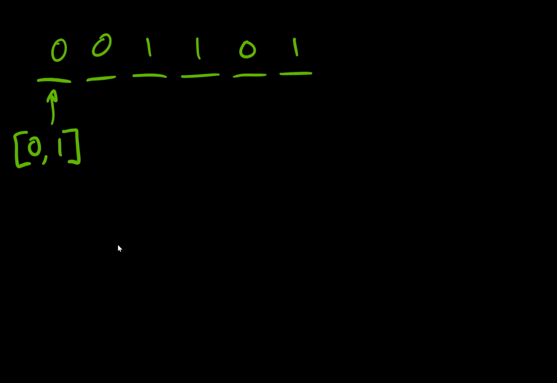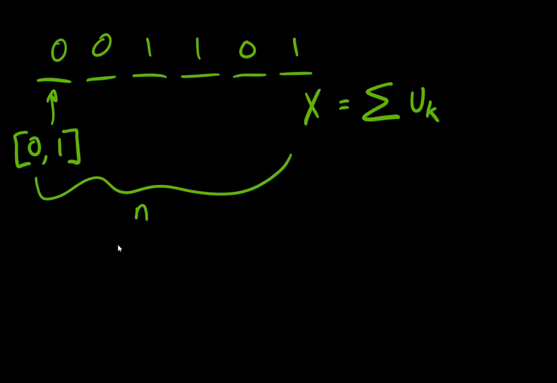Remember expectation is linear, so each is a unit distribution that's completely uniform between 1 and 0, and when we sum them we end up getting a random variable. What's very interesting is that as you increase the length of this string, you get a very special distribution, called Irwin-Hall.